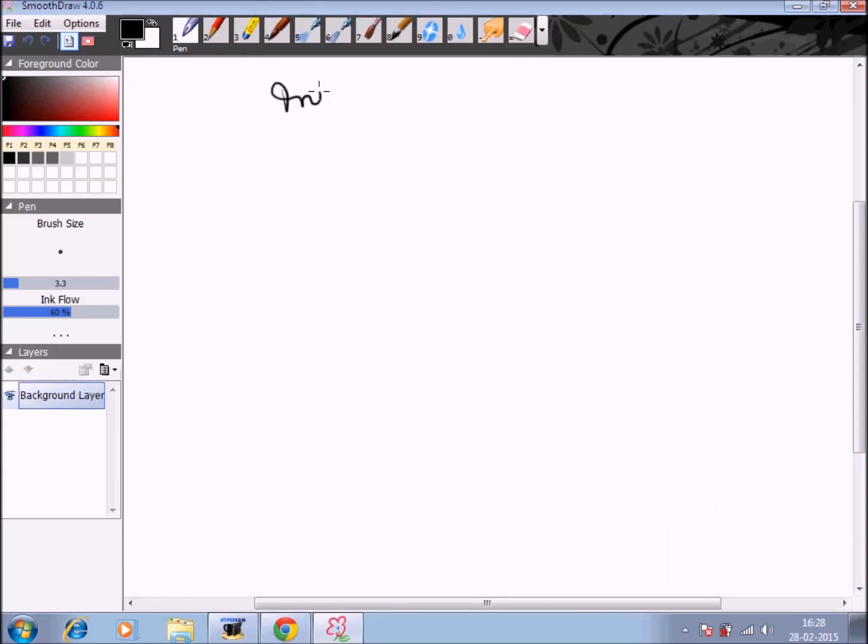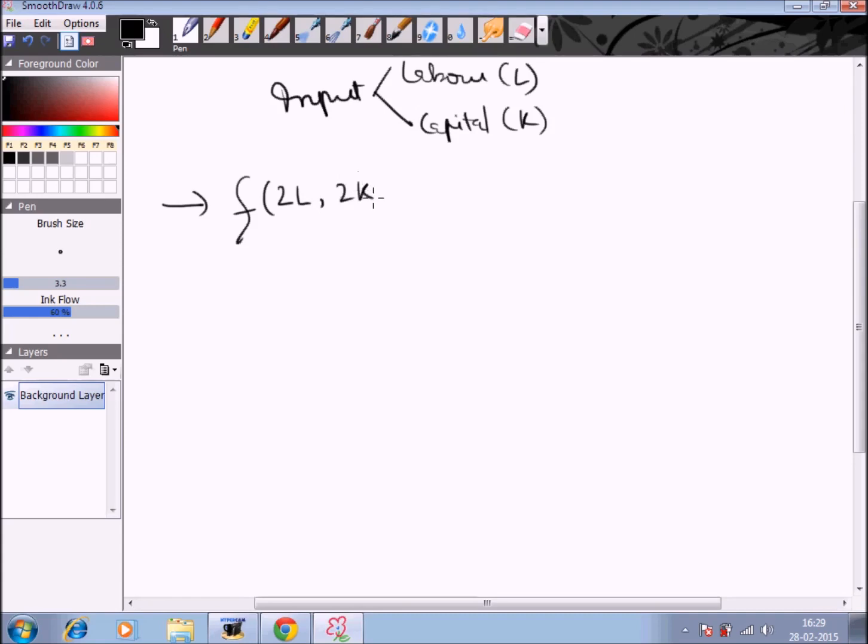See, the inputs used can be categorized into labor and capital. And in this case, the production function will be like I'm doubling the use of labor and doubling the use of capital, but what I get is a quantity which is more than doubled.